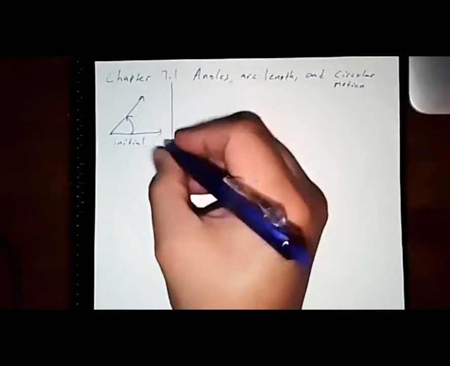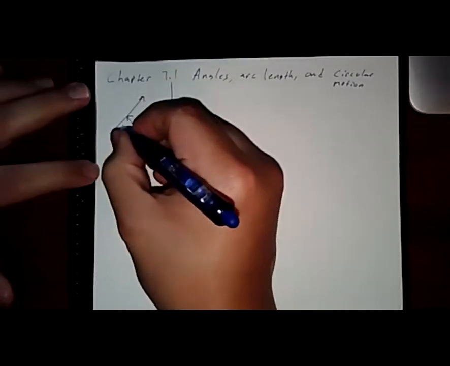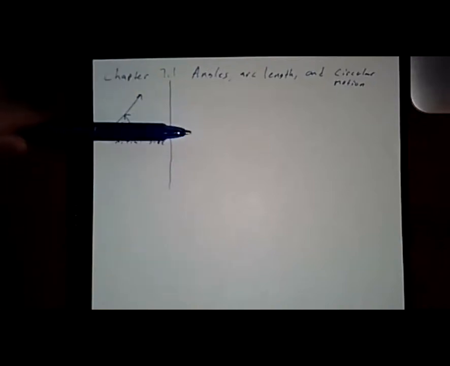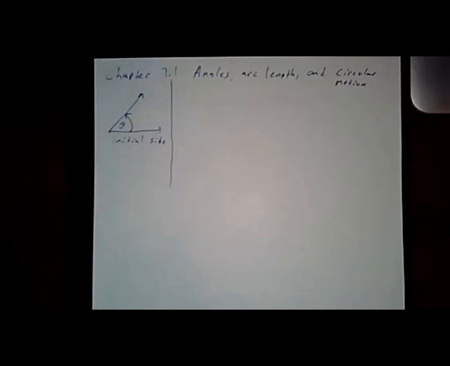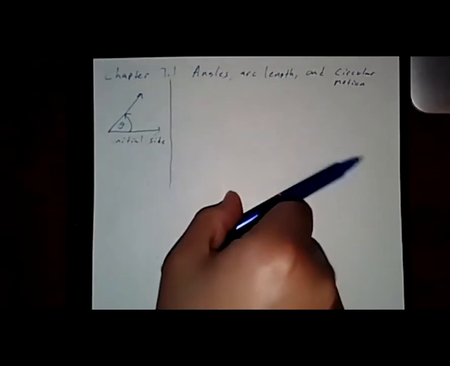Okay, so this is the initial side. When an angle starts here at rest, it is going to be 0. Whenever I move in this direction, imagine this angle, we'll call it theta. If it goes from here and then shifts to there, that's considered to be positive, so going in the counterclockwise direction, right?